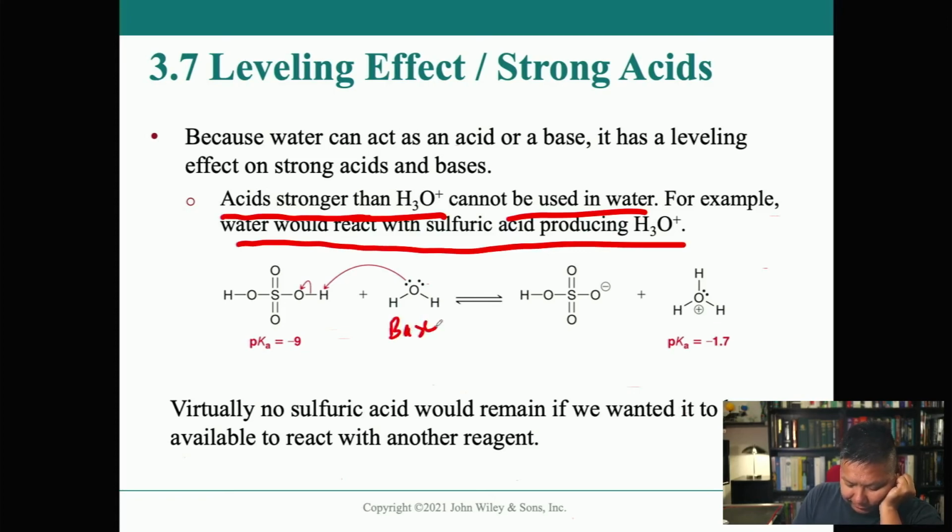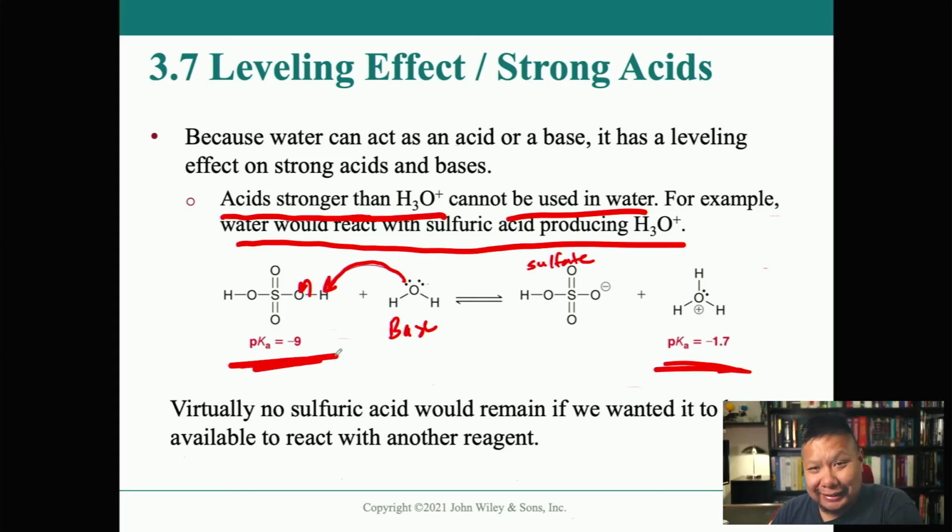And as the base, its electrons on oxygen come over here, pull off the proton from sulfuric acid, with the electrons from that broken bond going to oxygen, leaving behind the sulfate ion, SO4. The hydronium pKa is negative 1.7, and the pKa of sulfuric acid is negative 9.